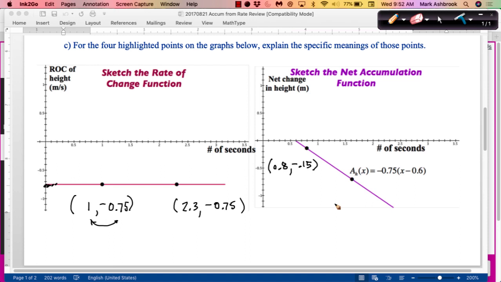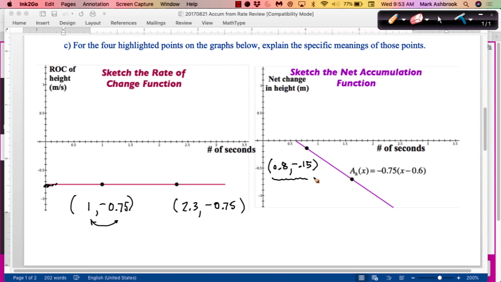Okay, all right, now this one's a little trickier, but interpreting the meaning of this point correctly means you understand what this function is doing. So why don't you take 20 seconds to tell the person next to you the meaning of this point right here? And you've got to include all the details in your explanation. So find a person, about 20 to 30 seconds, see if you can do it.